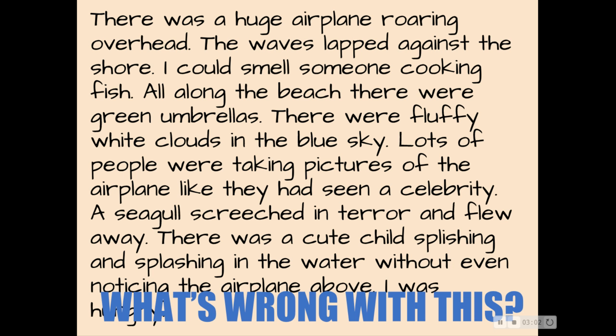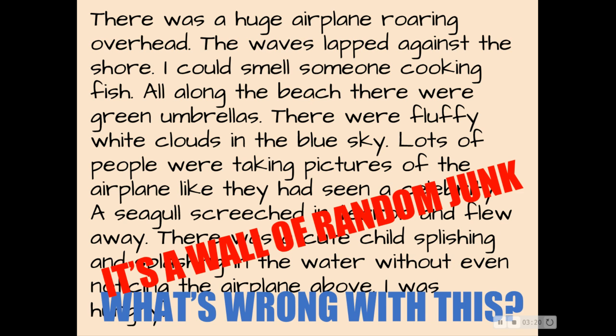Let's take a look. This is a sample GCSE response. Again, this is written at level 1. And what do you think is wrong with this? Well, this response is kind of what I call a wall of random junk.